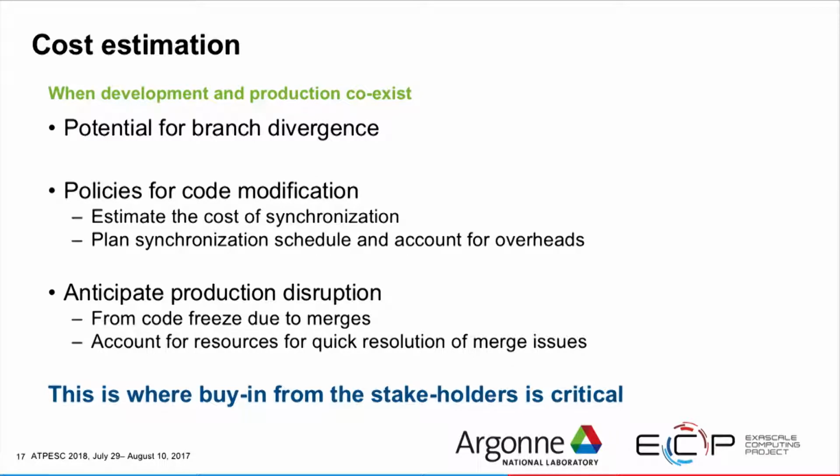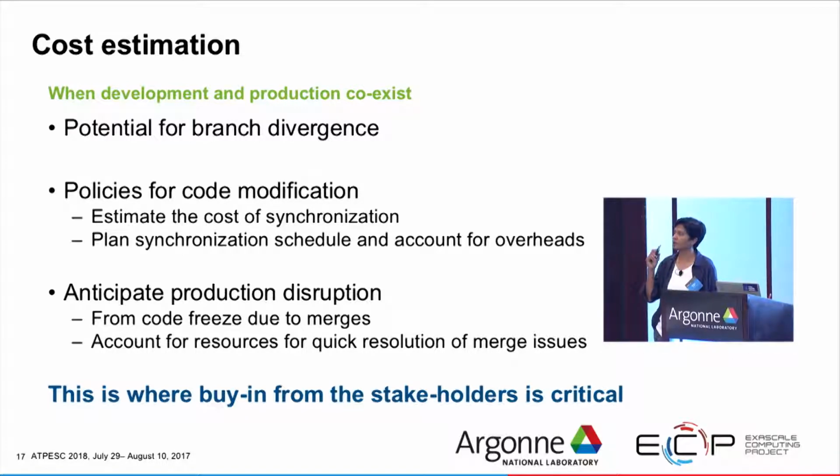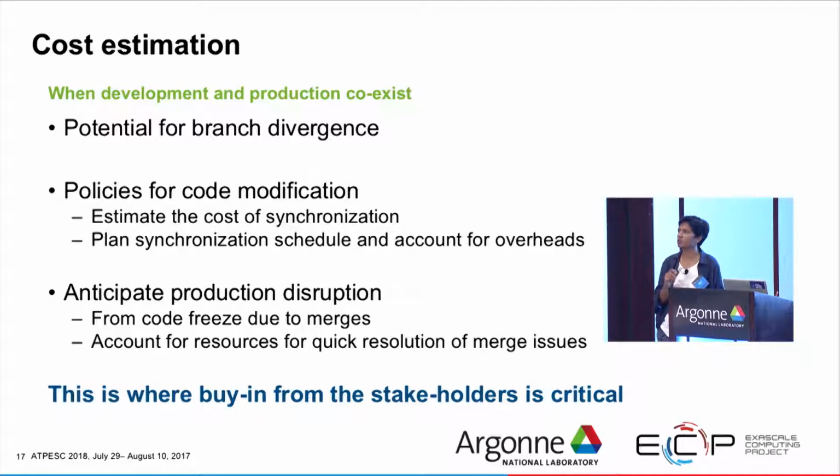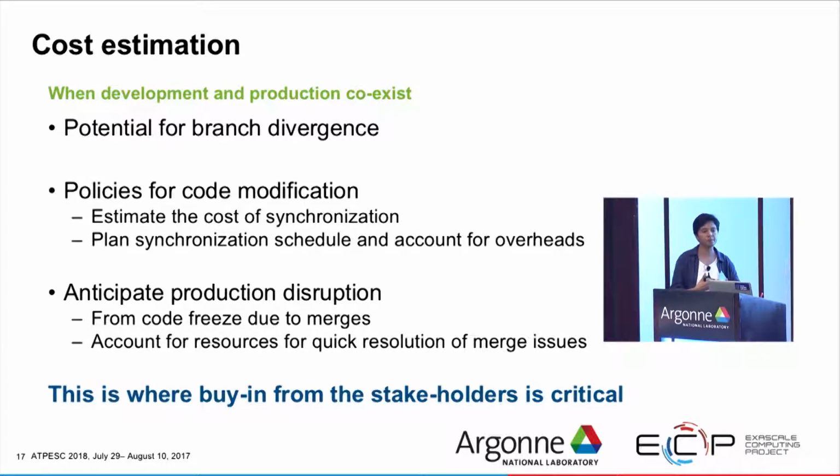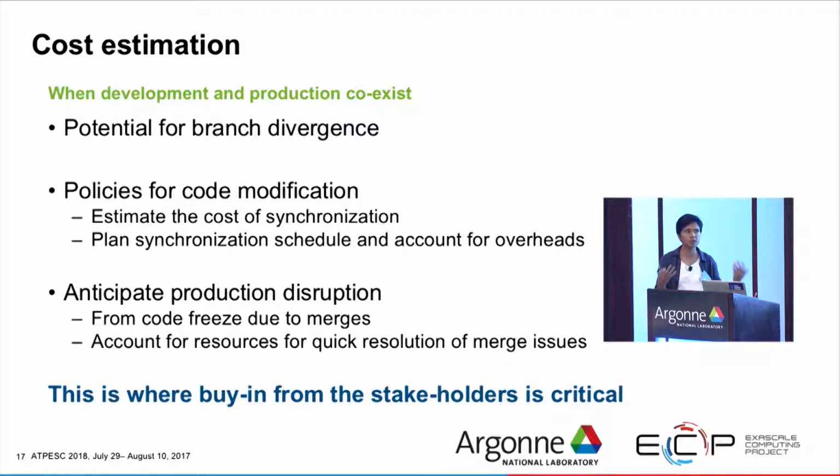So in cost estimation, the challenges that come when you have a development going on, when some part of some version of the code is also being used for science work, for production, is that the possibility of branch divergence is huge. So if you don't keep some sort of a communication channel going between production and development, then the branches will diverge, and having the code reconcile later on is much harder.